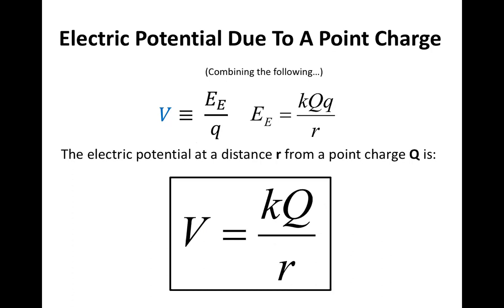We get this equation that reinforces what we've said before, that the only charge that matters is the charge that is creating the field. And the other object's charge, like the test charge, it's not there in the equation, which is good.